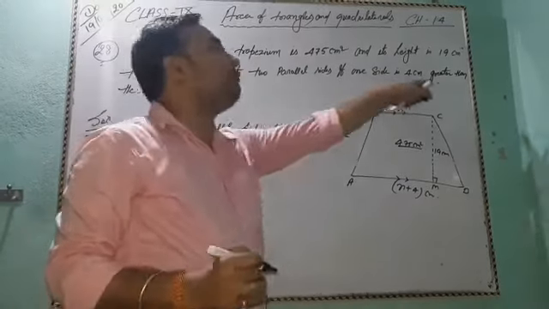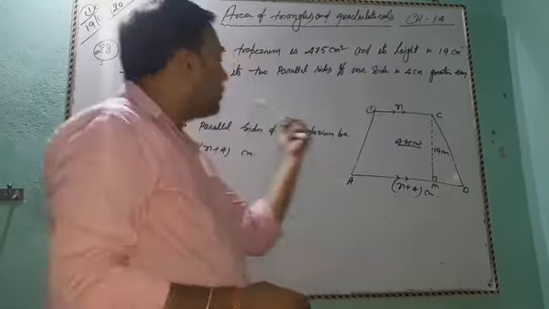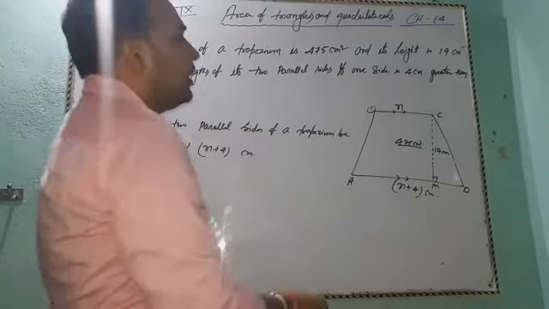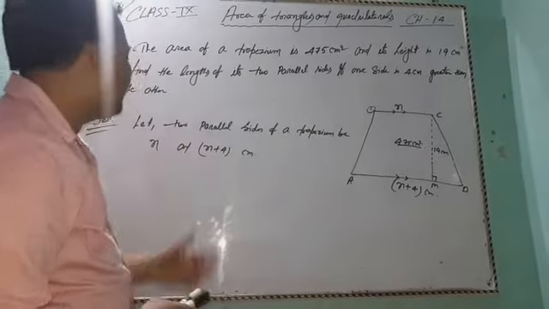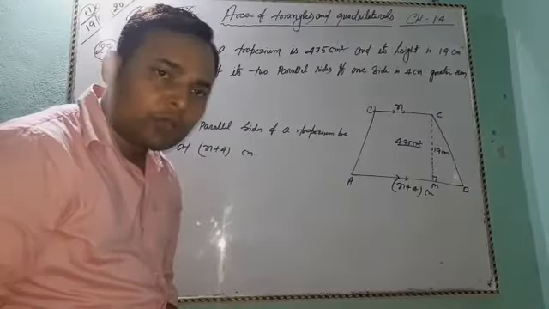One side is 4 centimeter greater than the other. So let the first parallel side be x, then the other is x plus 4.